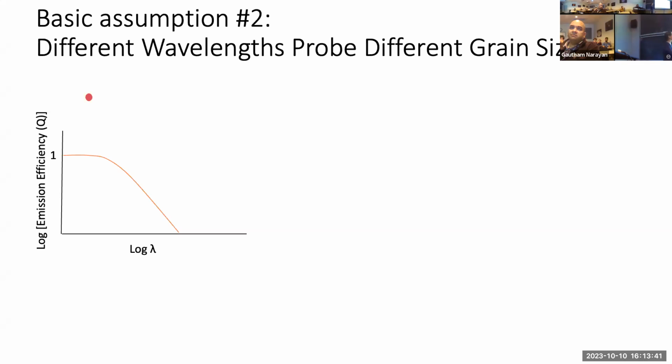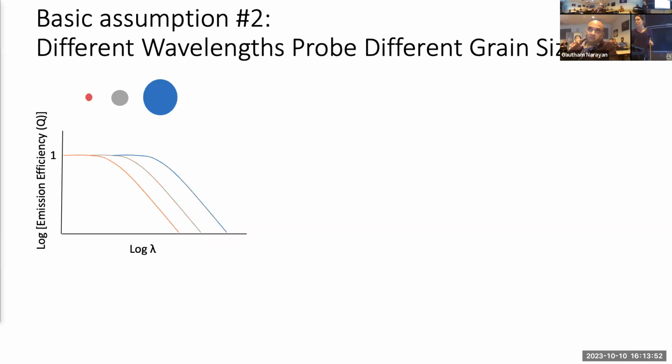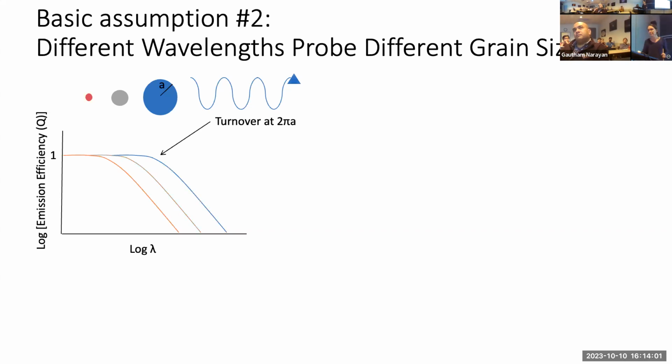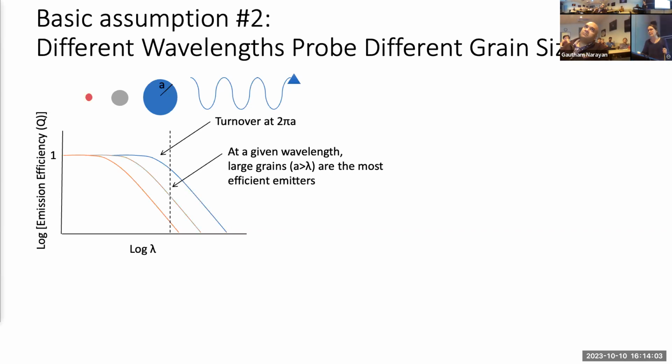As you get to wavelengths that are big compared to its size, it won't be an efficient emitter anymore, because antennas don't do that. A bigger grain stays efficient out to longer wavelengths, and a really big grain stays efficient out to even longer wavelengths. The turnover is roughly 2 pi a, the circumference of the dust grain.